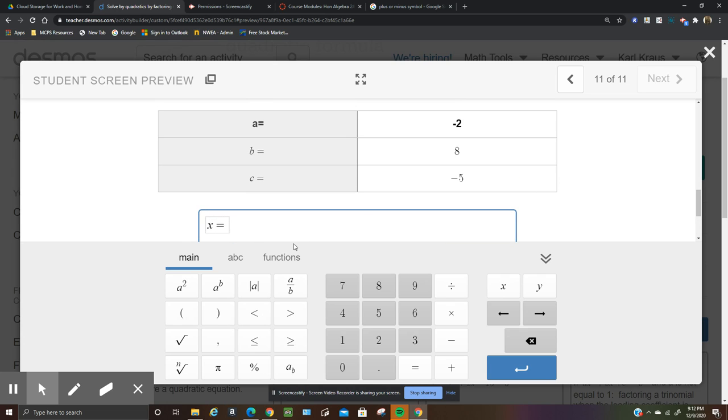The opposite of 8 is negative 8, and square root. 8 squared will be 64. 4 times negative 2 times negative 5, and divided by 2 times a, which is negative 4.